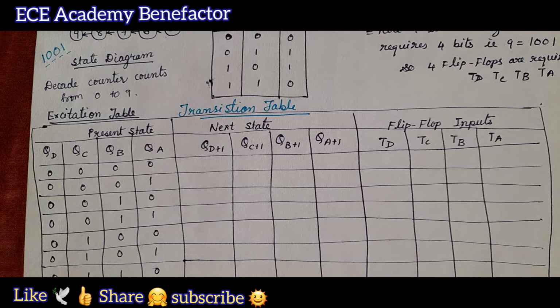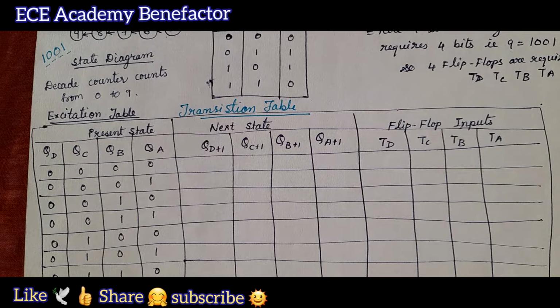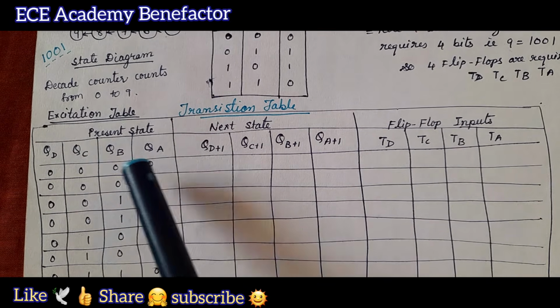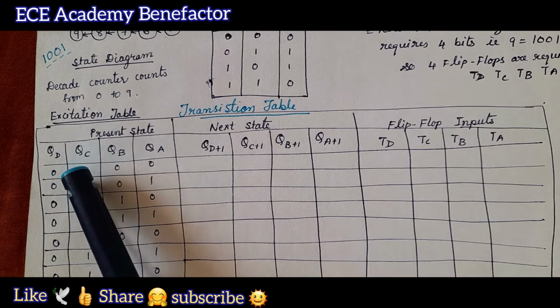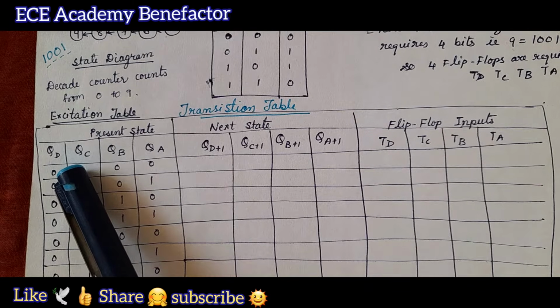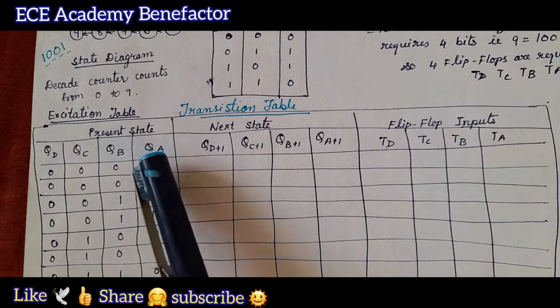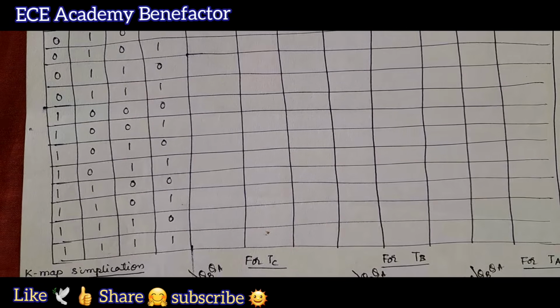For filling this transition table you must know the state diagram. For 4 bits, how many binary sequences can we write? We can write a total of 16 states, starting from 0000 till all 4 ones.